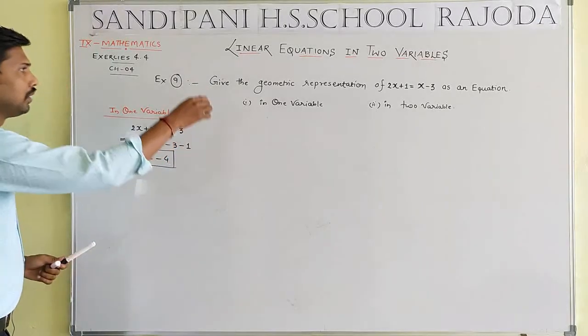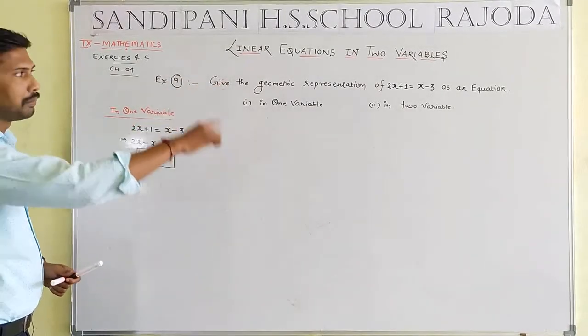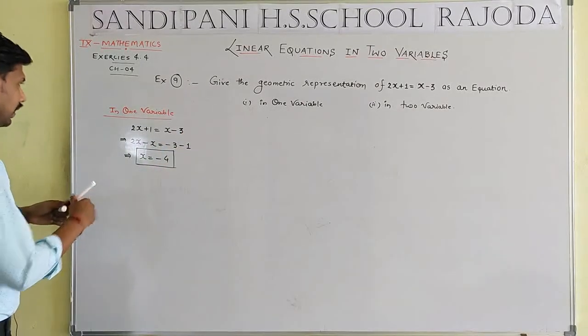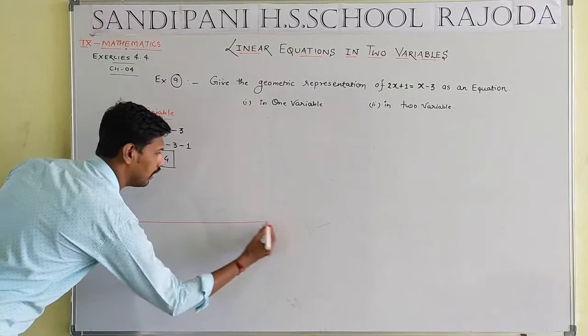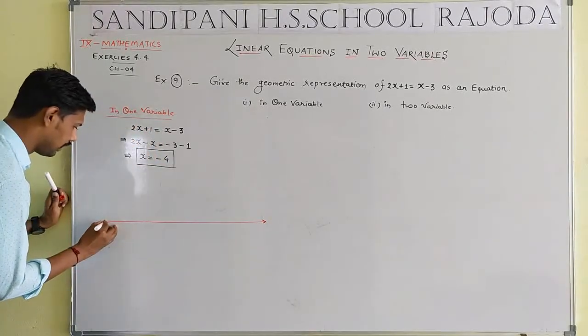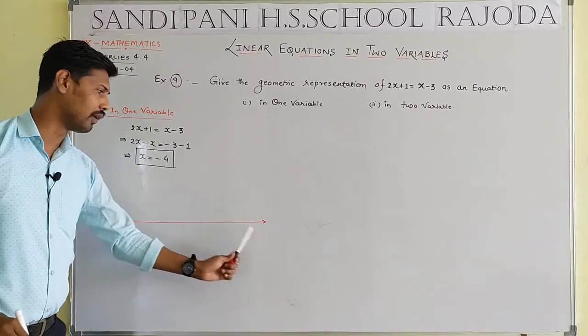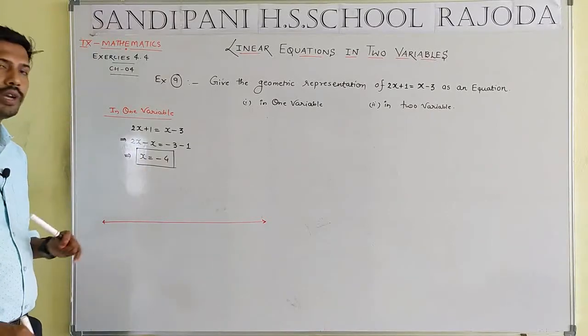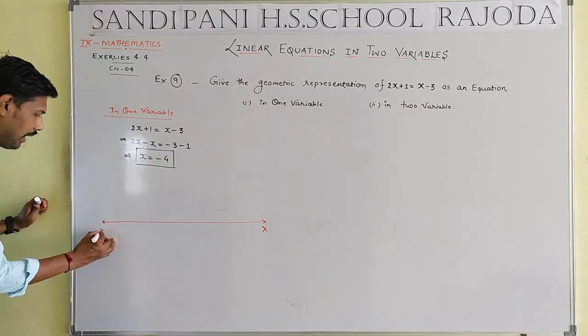Student, now the demand of question, draw a geometrical representation in one variable. That means a simple number line. In the case of the number line, we used a x-axis or y-axis, but according to the question, we taking positive x-axis and negative x-axis.